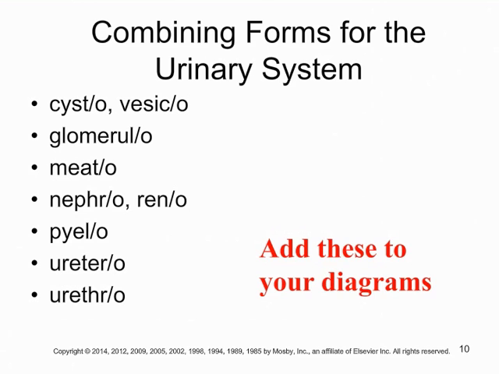It means renal pelvis, and so that's the portion of the kidney where the urine pools before moving down the ureters into the bladder. Then we have uretero for the ureter and urethro for the urethra. Take a moment, if you have a diagram, to add these to the diagram. If not, then you can do this in exercise figure A and B on page 212 and 213.